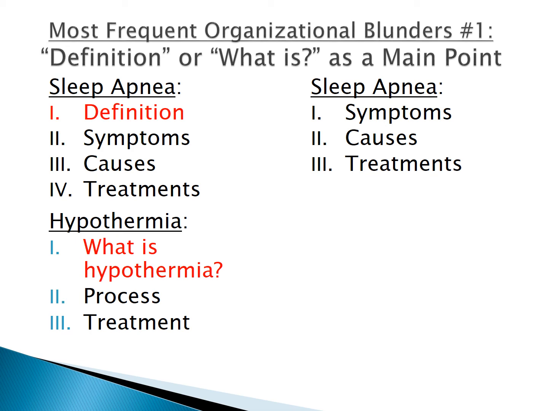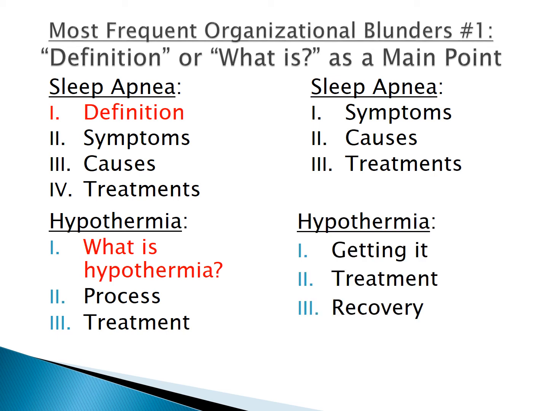Hypothermia. What is hypothermia as the main point? The process of hypothermia and treatment for the hypothermia. Okay, here's a better organizational pattern. Hypothermia, getting it, treatment, recovery. It's a chronological approach to this concept, to the information you might want to share with people about hypothermia. Do you define hypothermia?